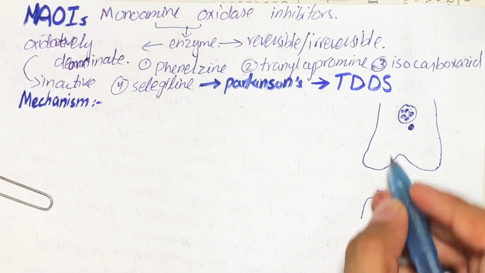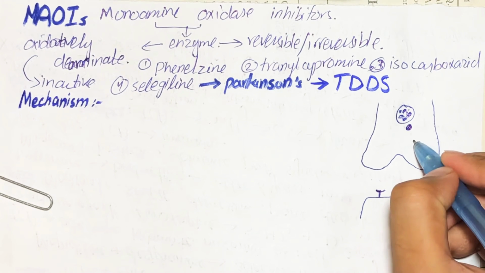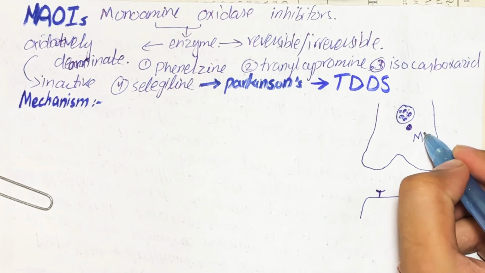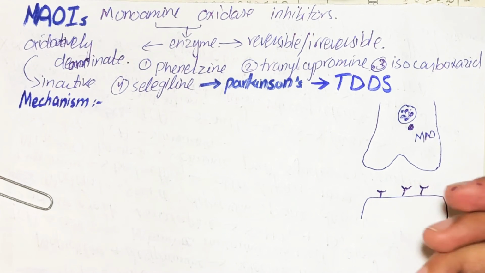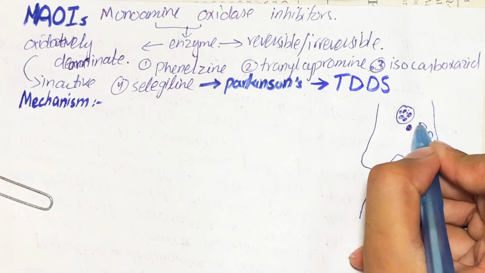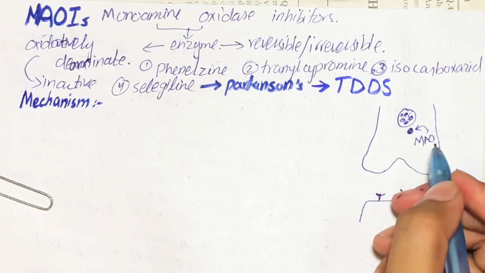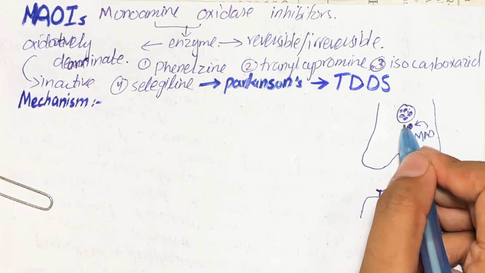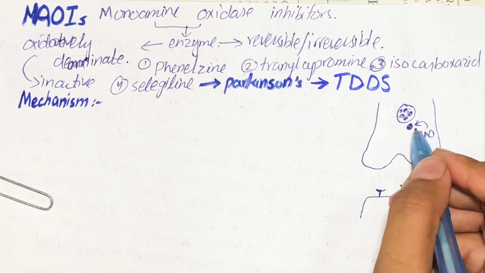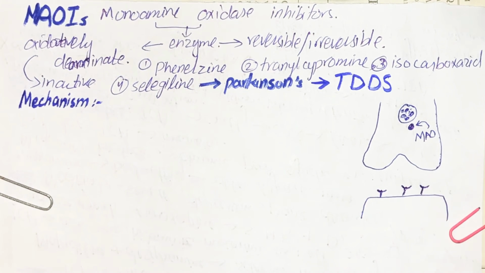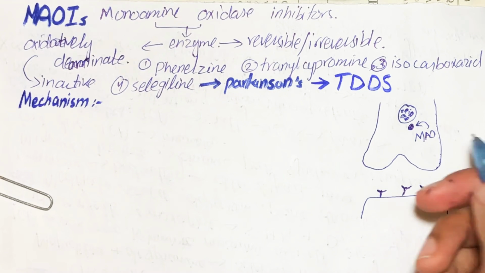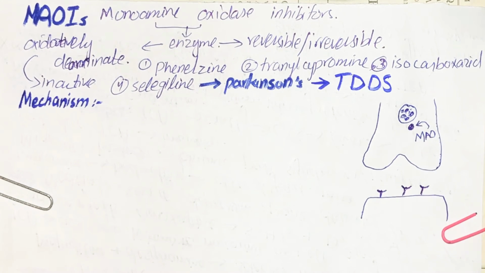There is presence of an enzyme which is called MAO, Monoamine Oxidase enzyme. This enzyme degrades this released neurotransmitter molecule, so that there will be no further leakage of this neurotransmitter into the synaptic cleft.